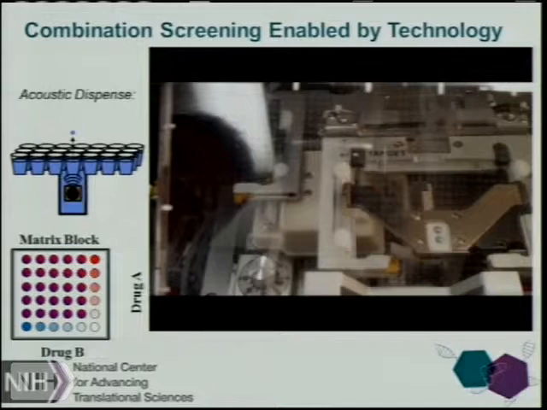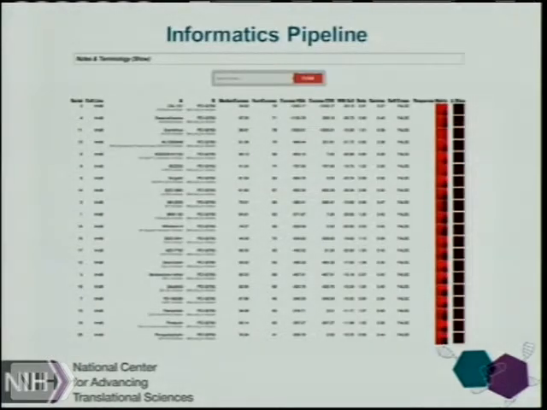We can test one oncology drug against all approved drugs, several thousand combinations in rapid succession. The informatics platform allows us to look at various indices of synergism. Some of you may know there is no perfect way to calculate synergy. There are many models out there.